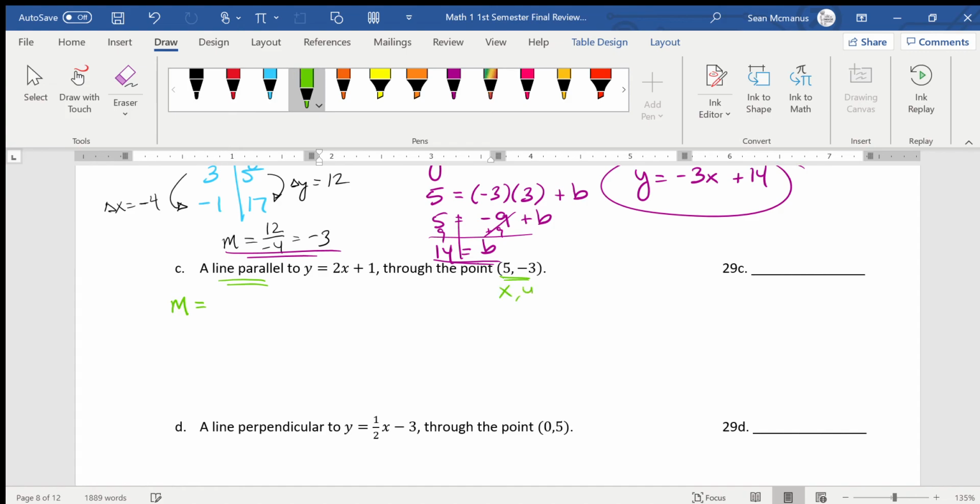So it's giving me some point with an x and a y coordinate, and I know if the line is parallel, the slope's going to be the same. So I'm going to borrow the slope, use the x and the y that are given to me, and I have to solve for the b, right? That's what I don't know. So I'm going to plug them into my equation. So y equals mx plus b. Y is -3.